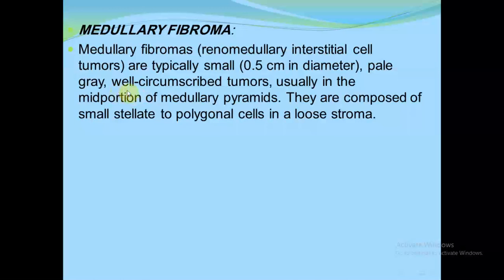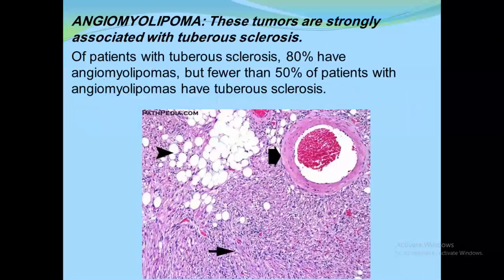They are pale and well circumscribed because they are benign tumors, and usually found in the mid portion of the medullary pyramids. They are composed of small stellate, spindle cells, because they are fibromas. Fibrous tissue tends to be spindle or maybe polygonal cells present in loose stroma, so they appear pale microscopically.